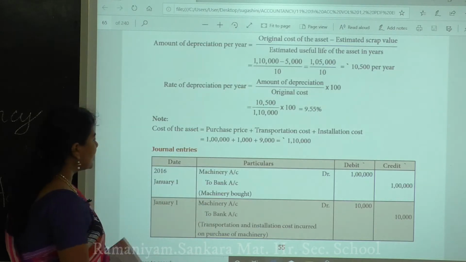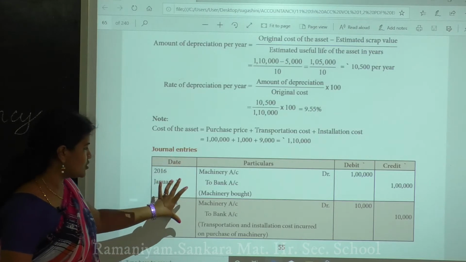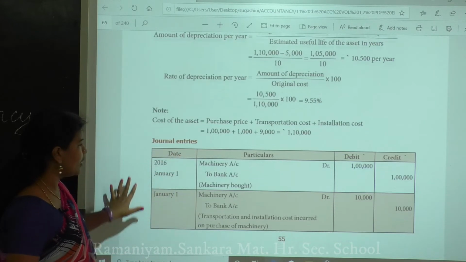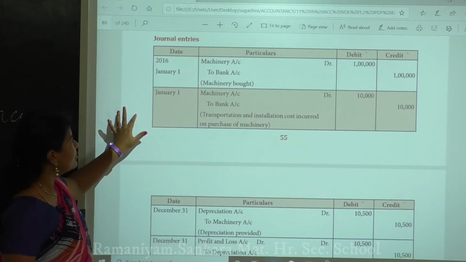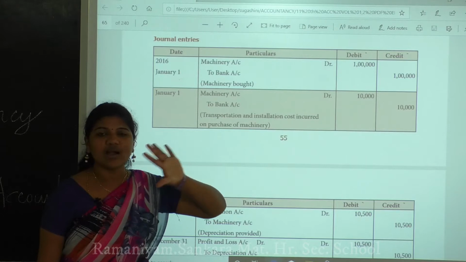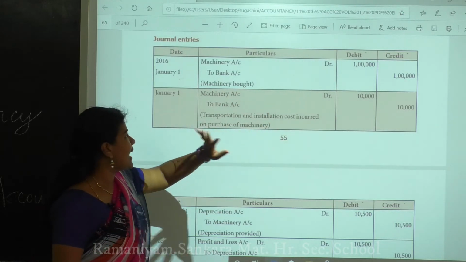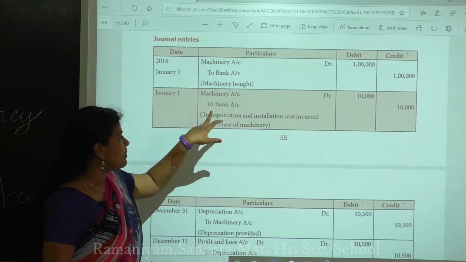Okay, so you have to write the journal entries. How you have to write: first one is machinery account debit 1 lakh, because the machinery cost is 1 lakh. That 1 lakh you have to write over here, to bank account 1 lakh. So machinery account debit to bank account credit.